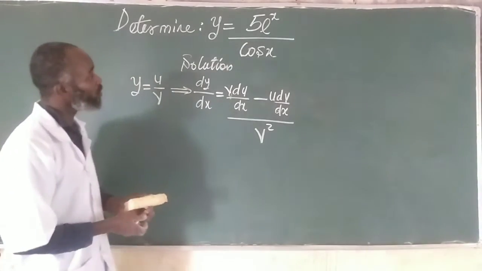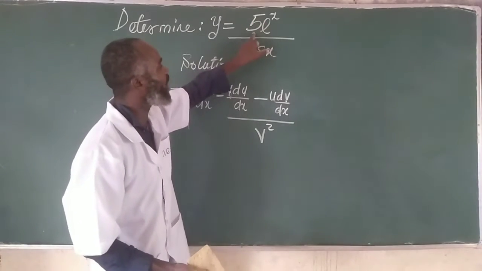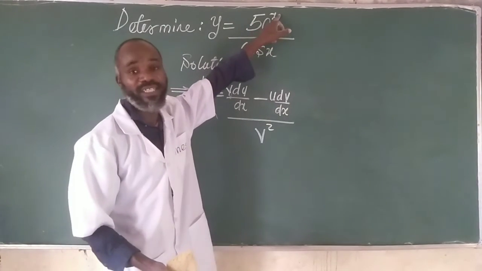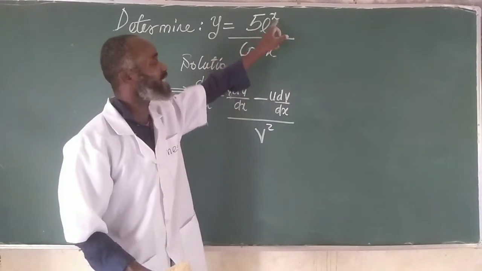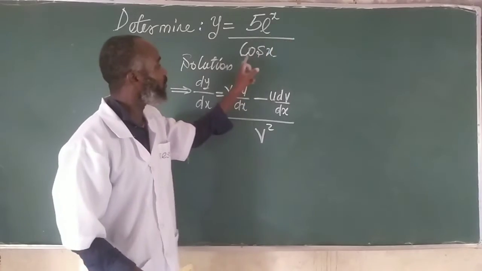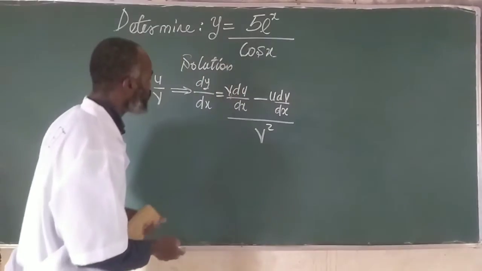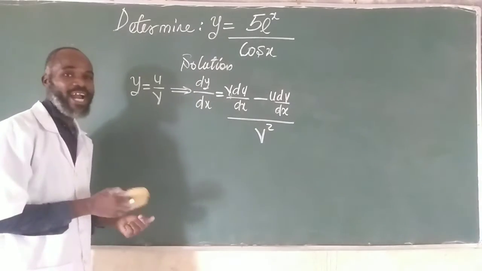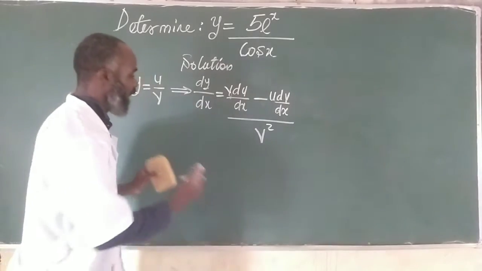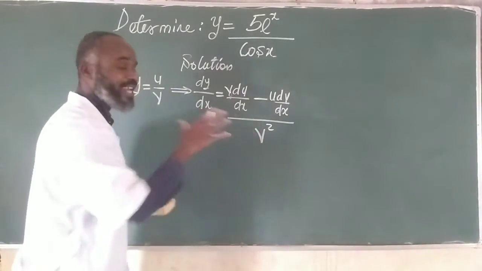What we need to do is to specify the functions given. Look, we have 5e^x as the numerator and cos x as the denominator. By the time we specify all this and solve accordingly, you as a student will understand every step.